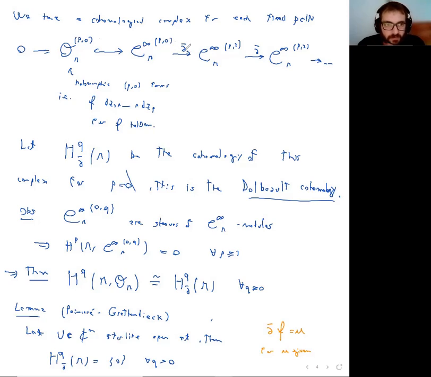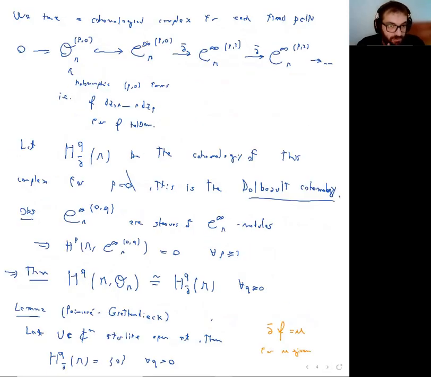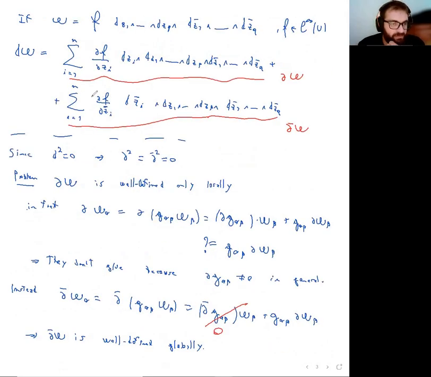But what does del bar do? Just take p equals 0, so this is just smooth functions. And you're asking which smooth functions are such that their del bar is equal to 0, remembering that del bar means taking this anti-holomorphic derivative. So basically we're asking which functions f are such that this derivative is equal to 0.